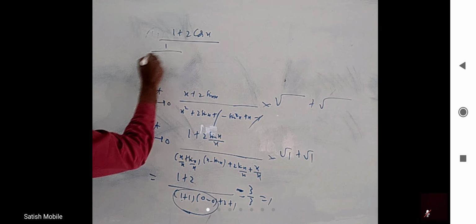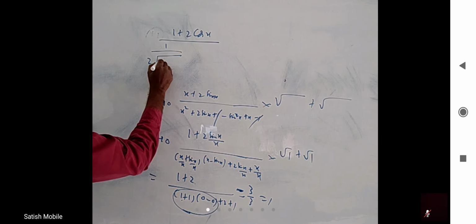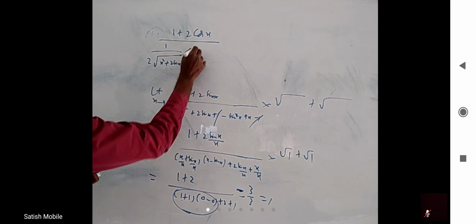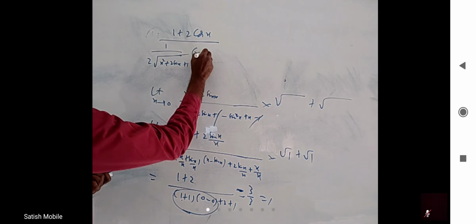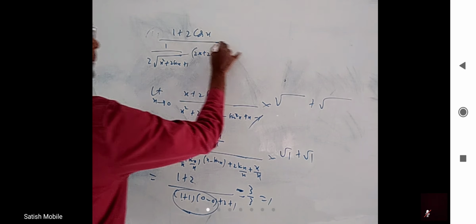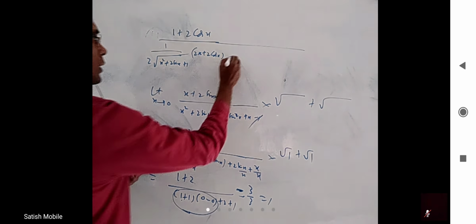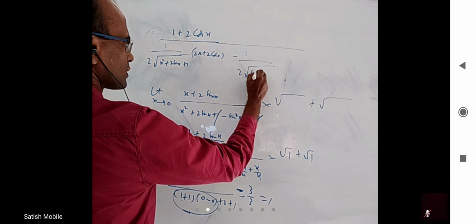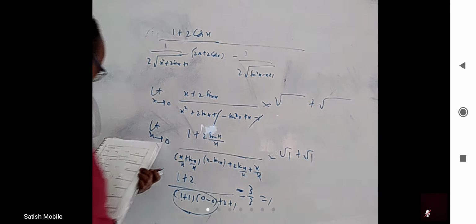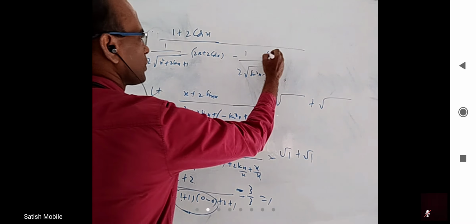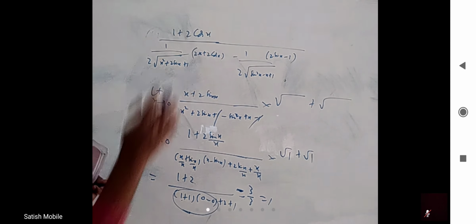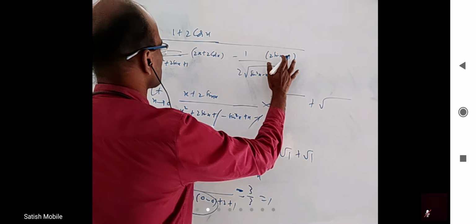Denominator: 1 by 2 root x square plus 2 sin x plus 1, into derivative of this, which is 2x plus 2 cos x. Here 1 by 2 root sin square x minus x plus 1, and derivative of that inner part is 2 sin x minus 1. This is the derivative. 2 sin x cos x also there.